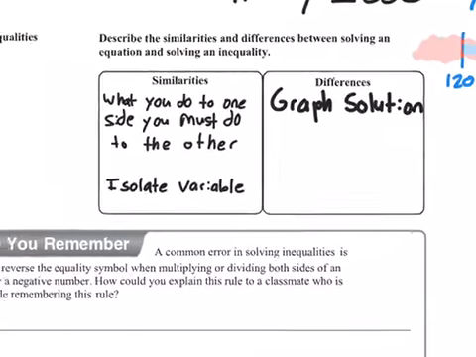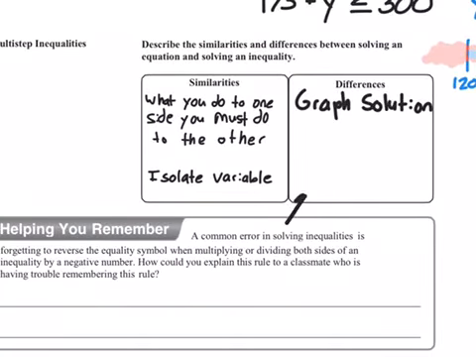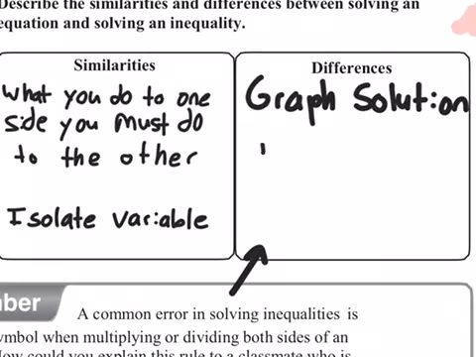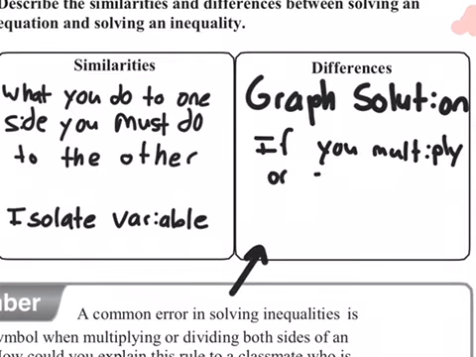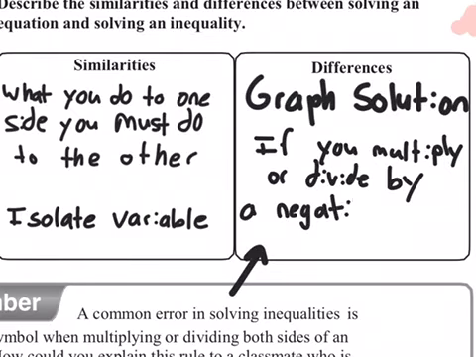And then the second difference is this box here. And that's if you multiply or divide by a negative number, you must switch the inequality's direction.